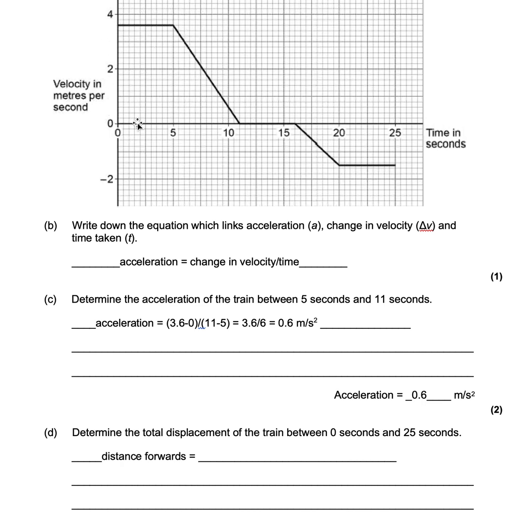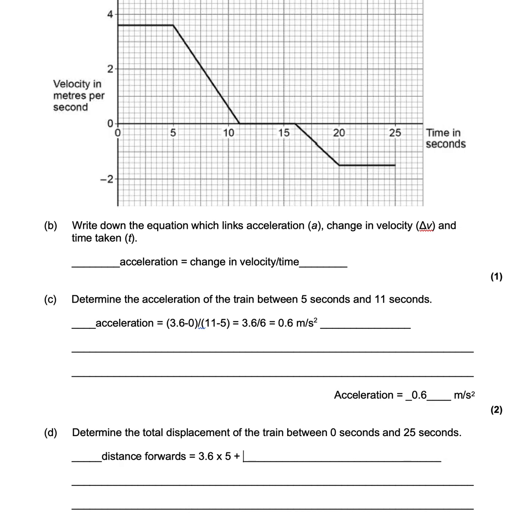So we'll do the rectangle first. That's got a height of 3.6 and a width of 5 seconds. So the area of a rectangle is just 3.6 times 5. And that's added to the area of this triangle, which has a height of 3.6 and a width of 6, going from 5 to 11. The area of a triangle is half times base times height.